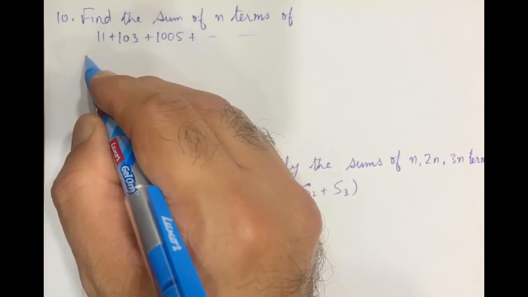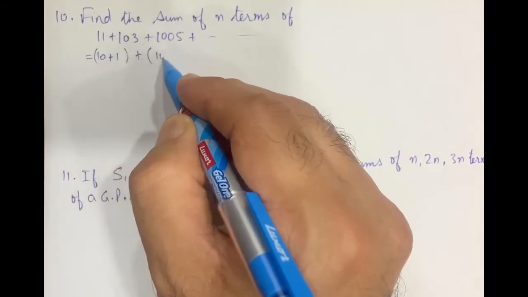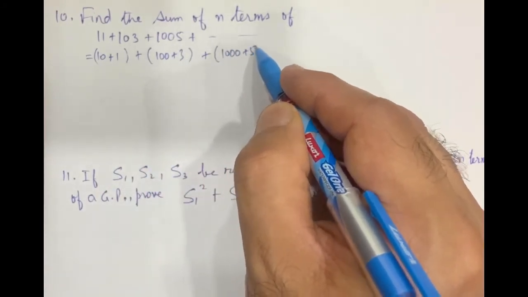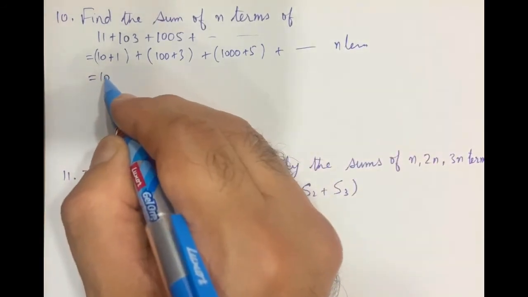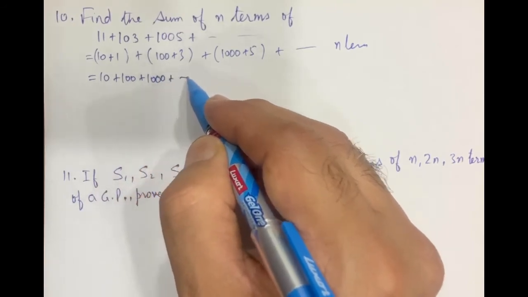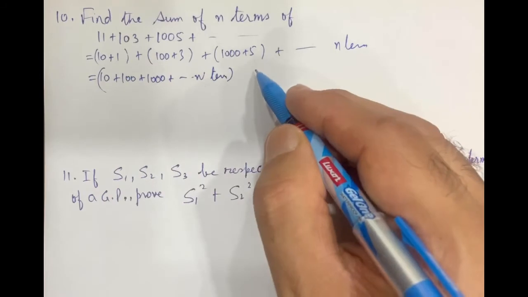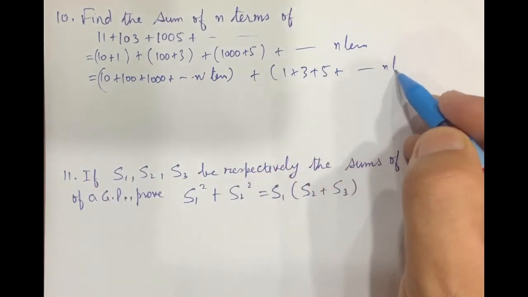If we write 11 as 10 plus 1, 103 as 100 plus 3, next term as 1000 plus 5, and so on up to n terms. This is 10 plus 100 plus 1000 up to n terms, and plus it's 1 plus 3 plus 5, so on up to n terms.